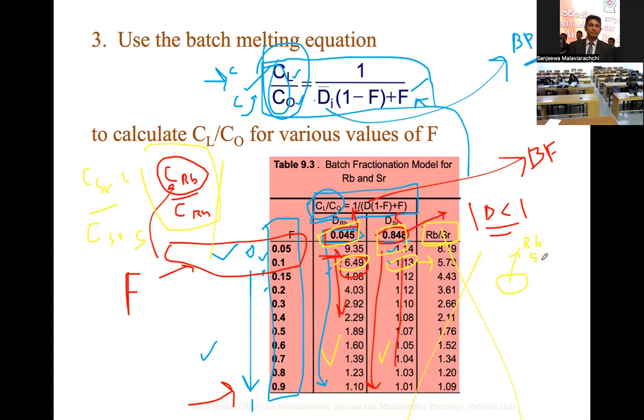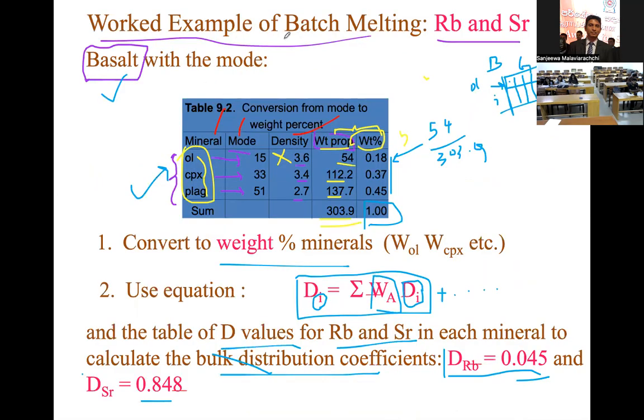That means you produce magma. You are now trying to model that rubidium and strontium in that melt. This melt finally crystallizes a rock, which is what you have in your hand. You do the analysis on this rock and model the composition during the melting condition.